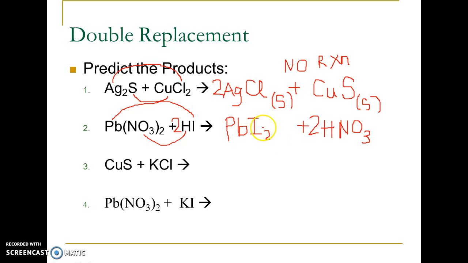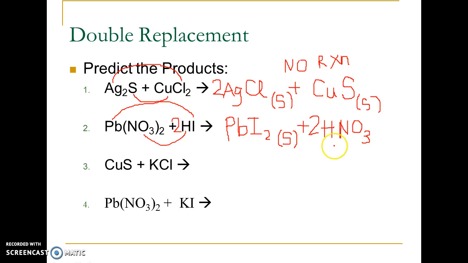Well, my iodine here is paired with lead, which means it will be insoluble, so it will be a solid, because I will not be able to dissolve that in water.